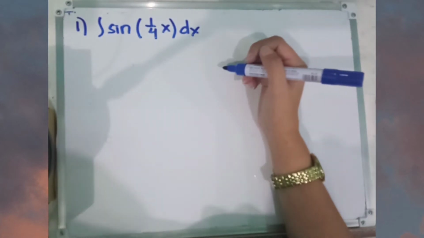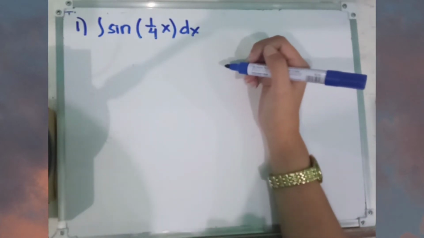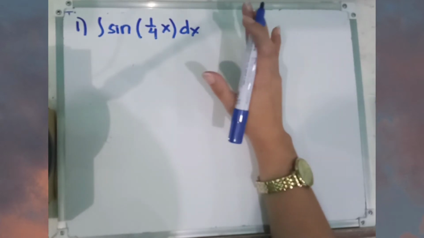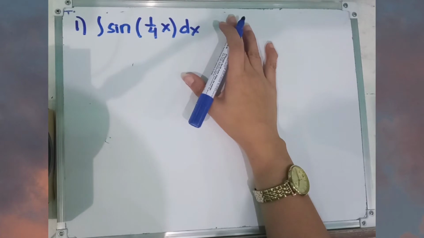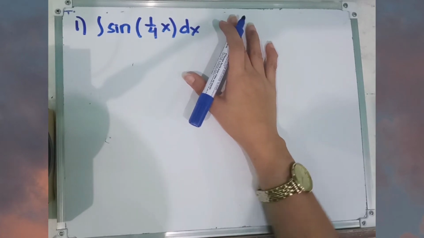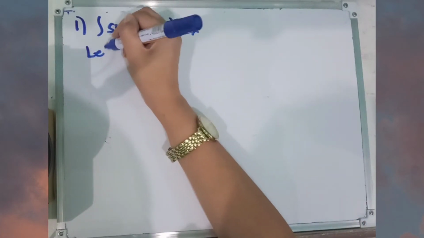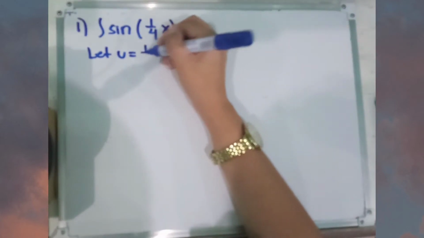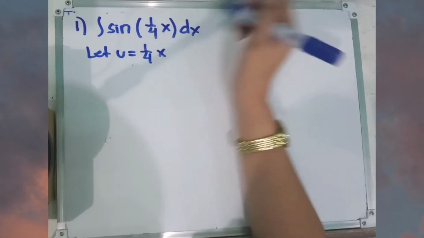We have here example number 1: the integral of sine 1/4 x dx. For this, we can still apply u substitution. We can let u be equal to 1/4 x.